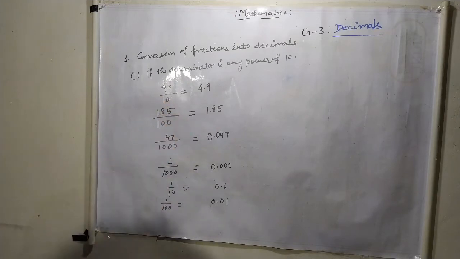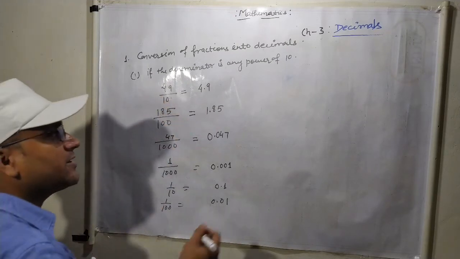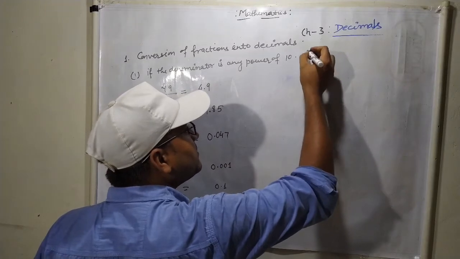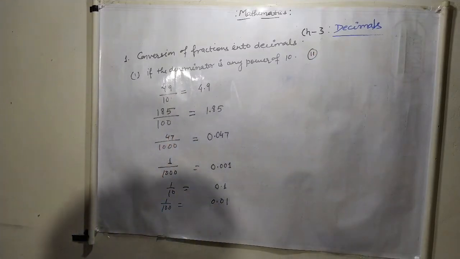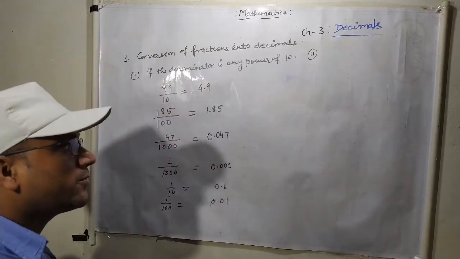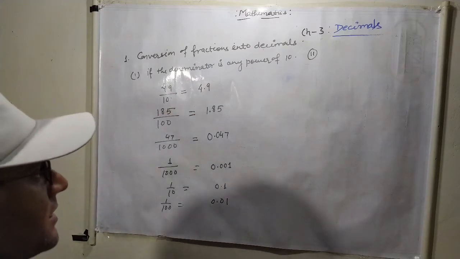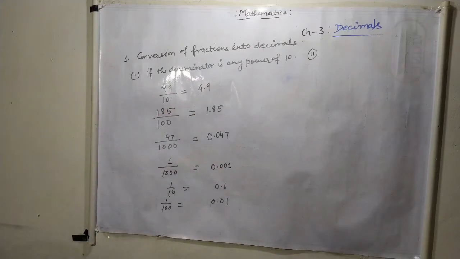Okay students, if the denominator is any power of 10, it is very easy to convert it into a decimal. The second point is if the fraction's denominator is not a power of 10.